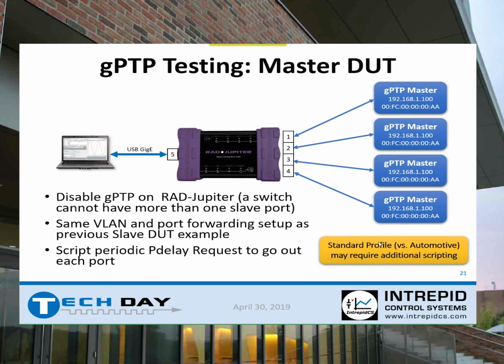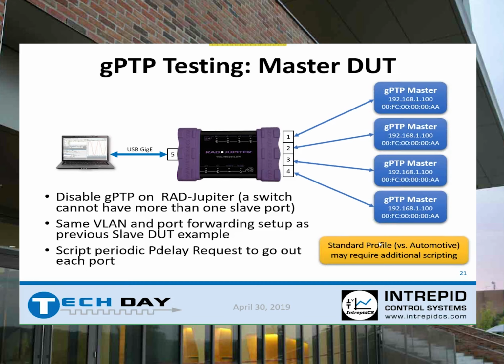Now, if you want to test a group of masters, the way things are defined, you can't have a switch or a bridge have more than one slave port. But in this case, depending on how you're testing it, if you're just looking to confirm that the gPTP masters conform to the Avnu test requirements or your customer's test requirements, you don't necessarily need a slave.